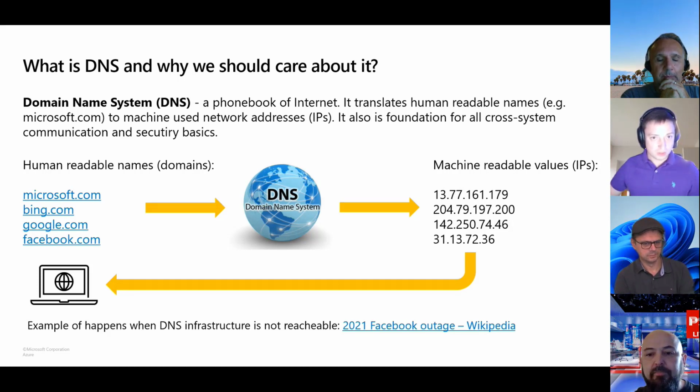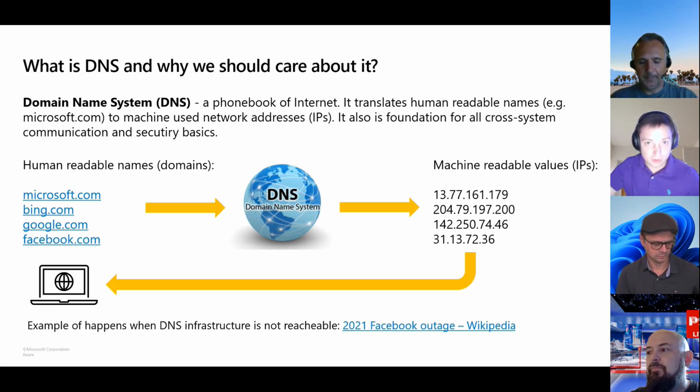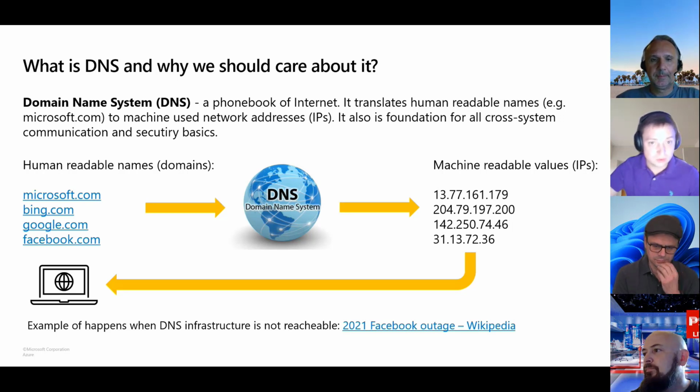So let me quickly show how it works. In this simple example, we have a person who uses a laptop, and he or she would like to open a Microsoft.com page. What the web browser or operating system will do is send a request to domain name servers to resolve Microsoft.com to an IP address.